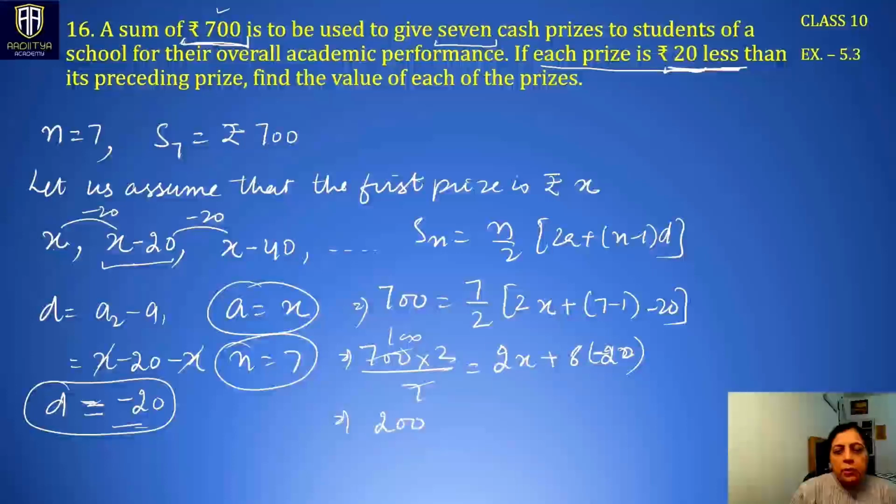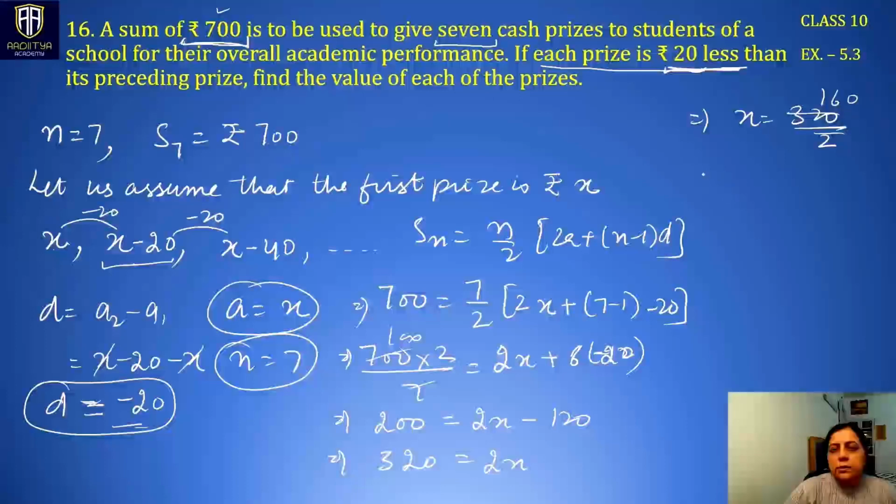Implies that 200 is equal to 2x minus 120. This is 320 is equal to 2x. Implies that x is 320 by 2, which is 160. So the value of the first prize comes out to be rupees 160.